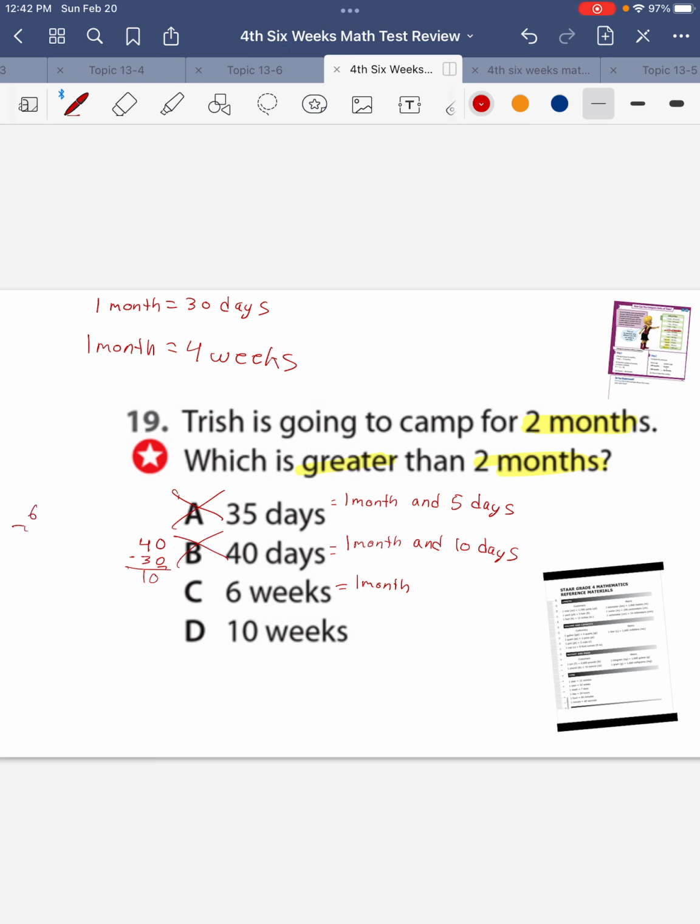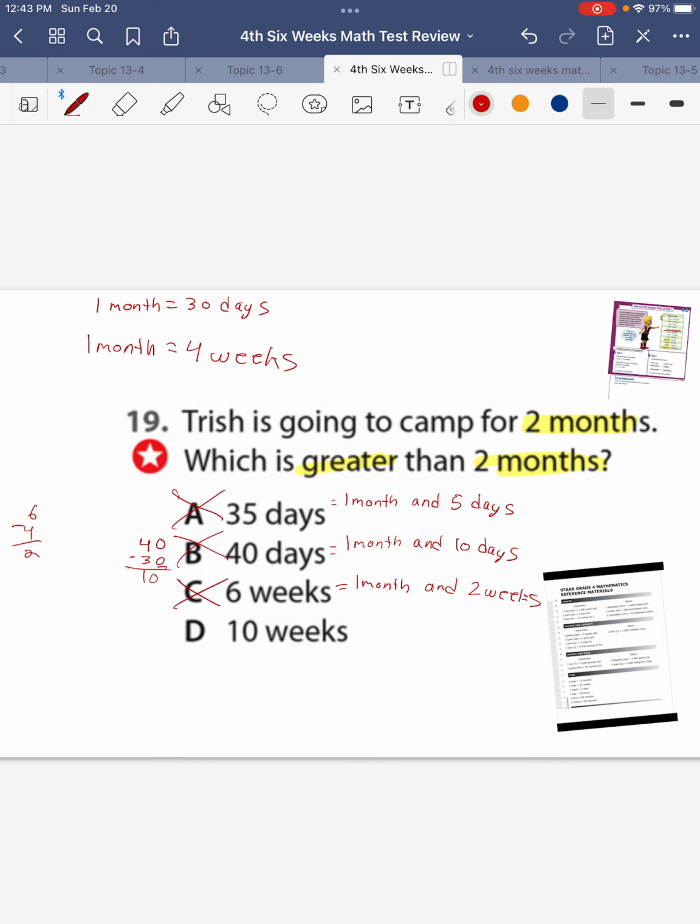So I know that it's a month. And I'm going to put 2 weeks. Okay, that's my leftover. My 2 is my leftover weeks. So it's a month and 2 weeks. Okay, is that more than 2 months? No, it's not. It's a month and 2 weeks. Okay, so C cannot be my answer.